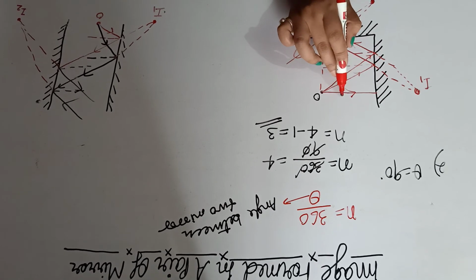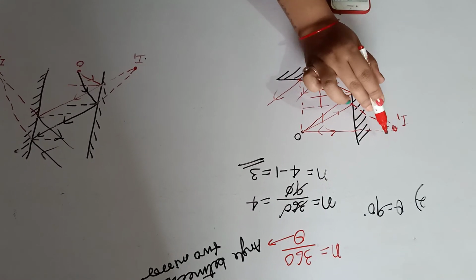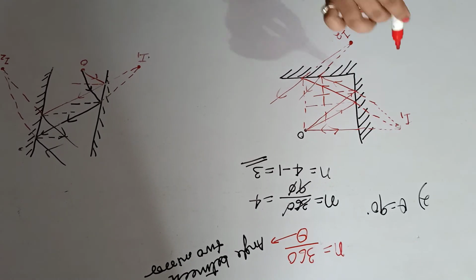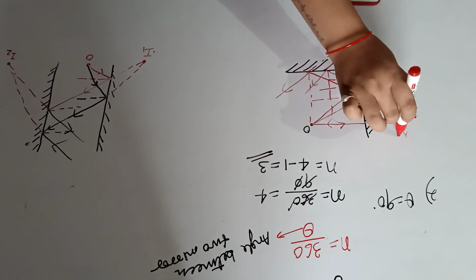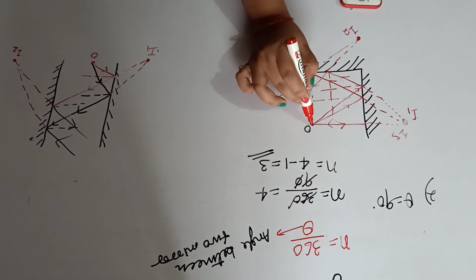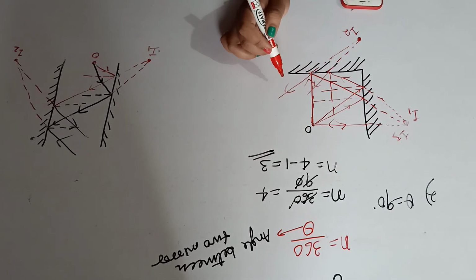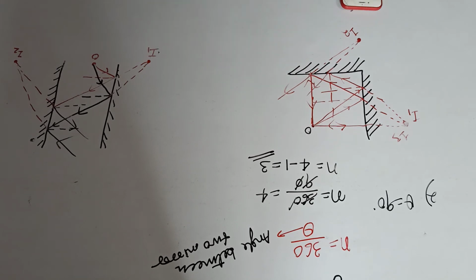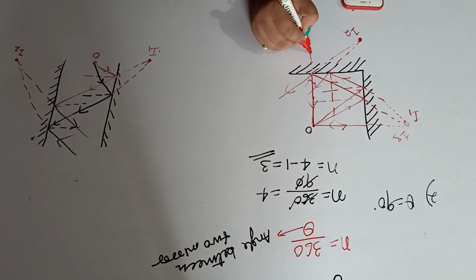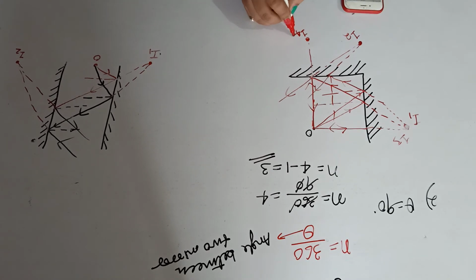As we all know, it will reflect back along the same path. By constructing backward, we will see that the third image will be formed at I1. So we cannot get a separate image at this point. Next, when the light ray is incident normally on the second mirror, it will reflect back along the same path. By constructing backward, at one point we will get image 4.